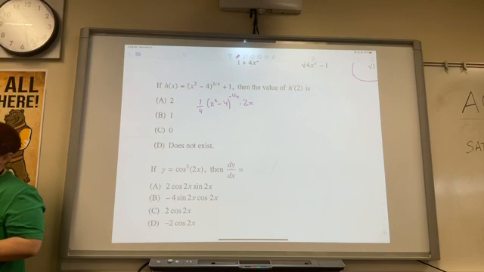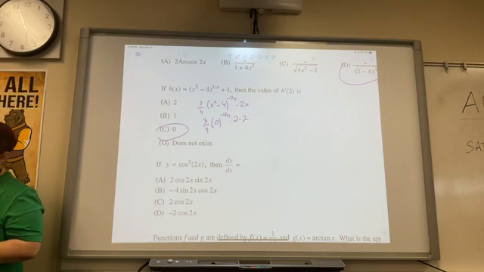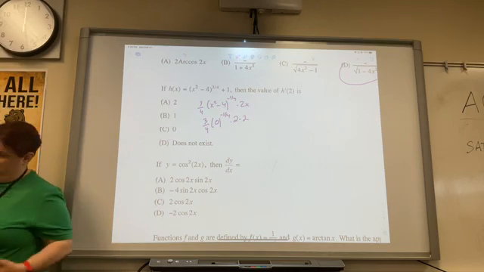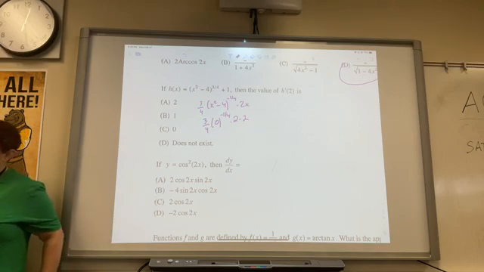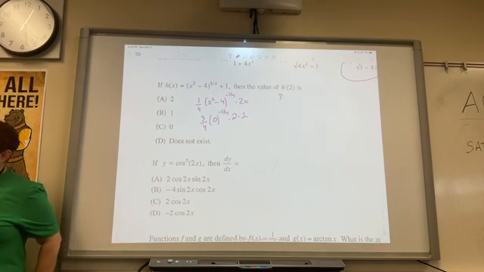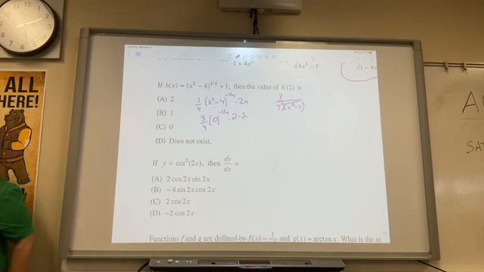But you have 0 to the negative something. And you have 1 over 0. Because it's 3/4 x squared minus 4 and a 4th root on the bottom.